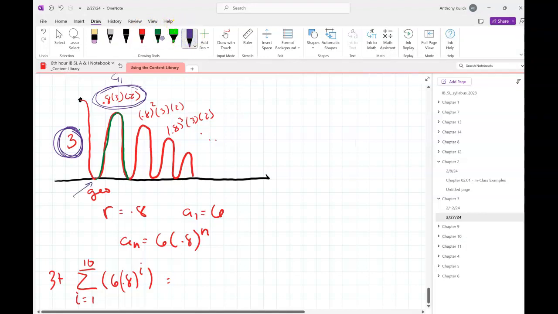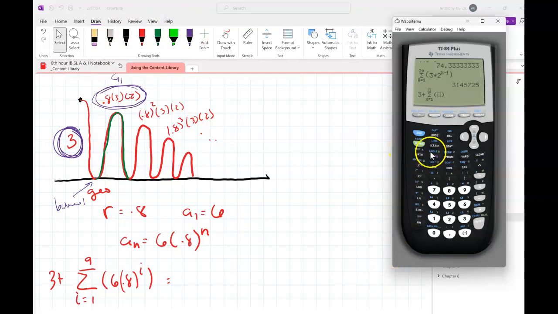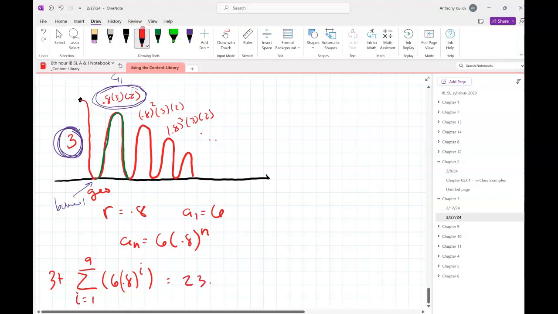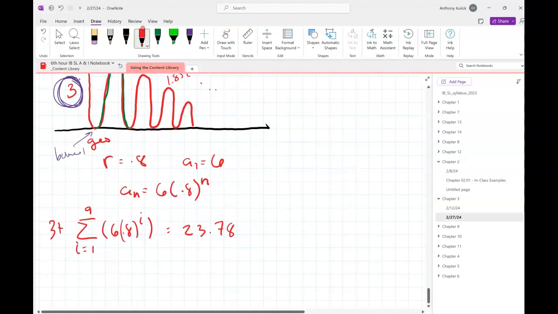This was the first bounce. So really, I only want this going to 9, right? Sorry about that. So we get 23.93, or I'm sorry, 0.78.